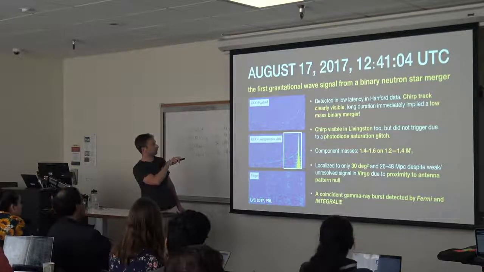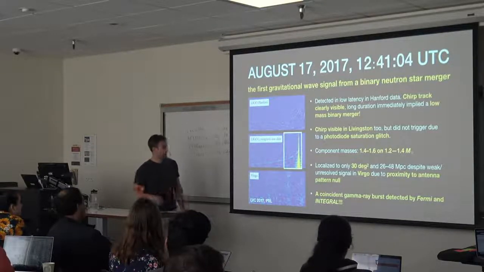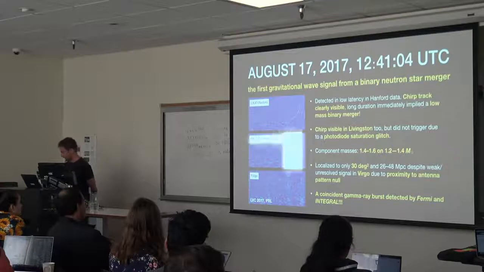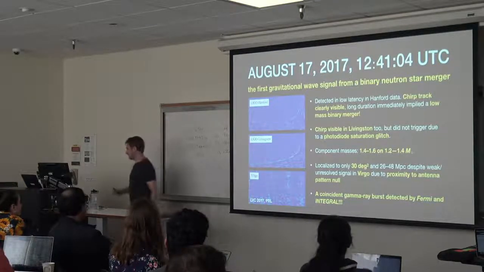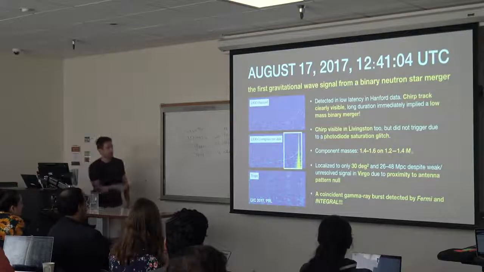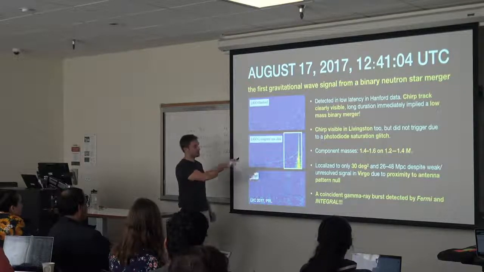an in-spiral, which we clearly detected in Hanford. There was an equally clear in-spiral track in LIGO Livingston. There was this awful glitch, which we had to subtract out. Once we did that, I mean, it looks gross because it has this big frequency, this big footprint in time, but it's actually a pretty impulsive thing.